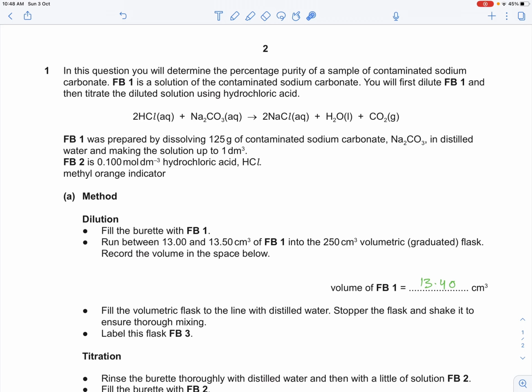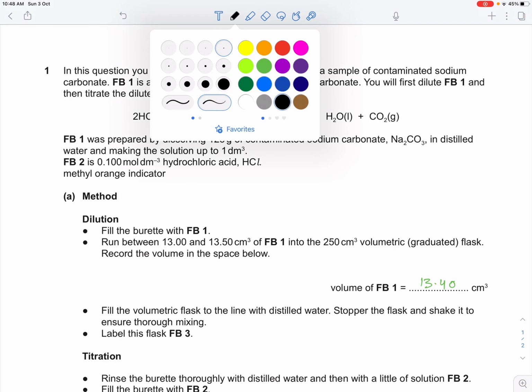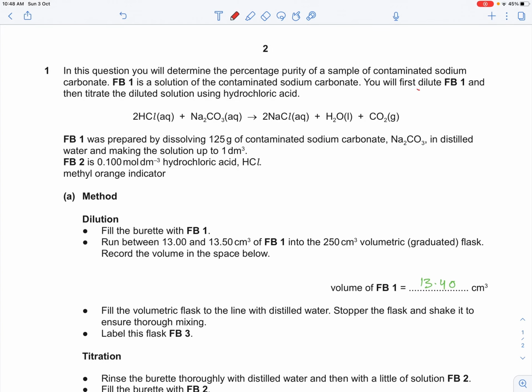Now first, you will dilute Fb1 sodium carbonate and then titrate the diluted solution using hydrochloric acid. So first we have to dilute Fb1, and then we will titrate the diluted solution using hydrochloric acid.